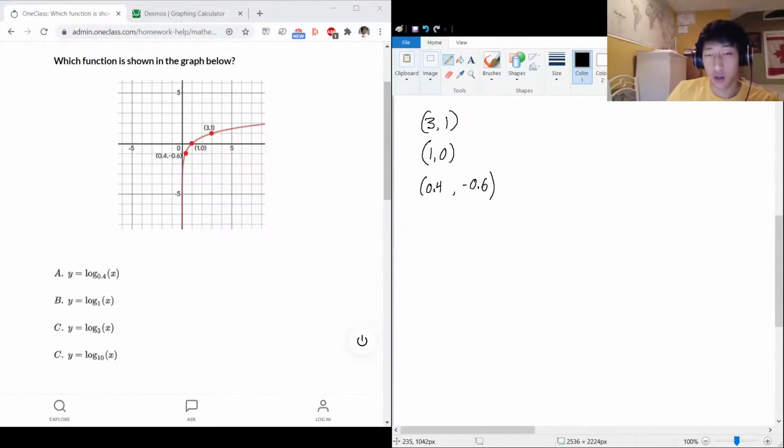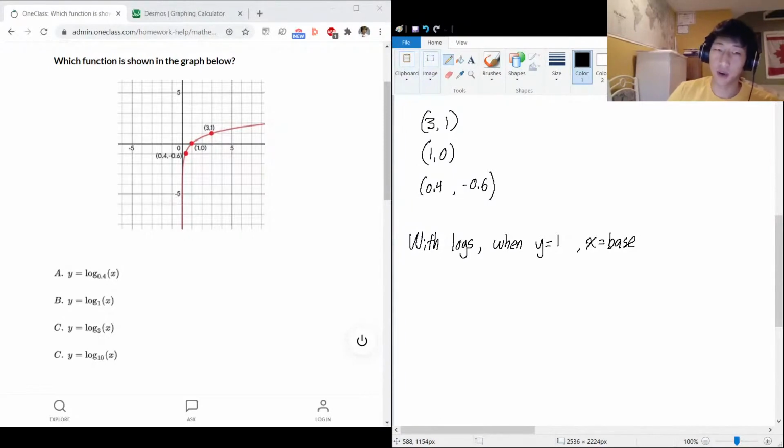So first thing that we can do is we know that with logarithms, when y is equal to 1, x equals the base. That is basically just one of the rules of logs.